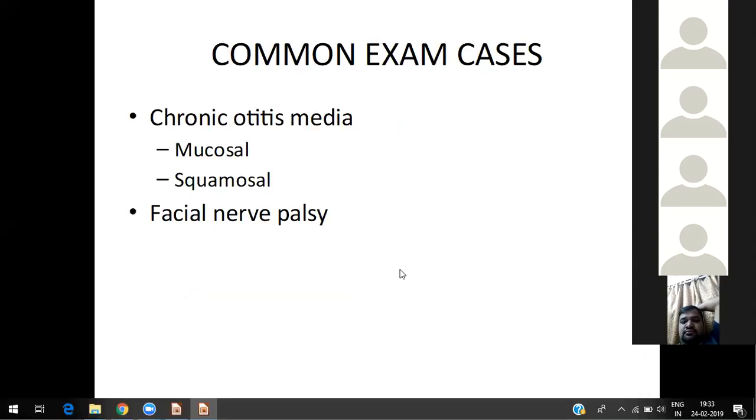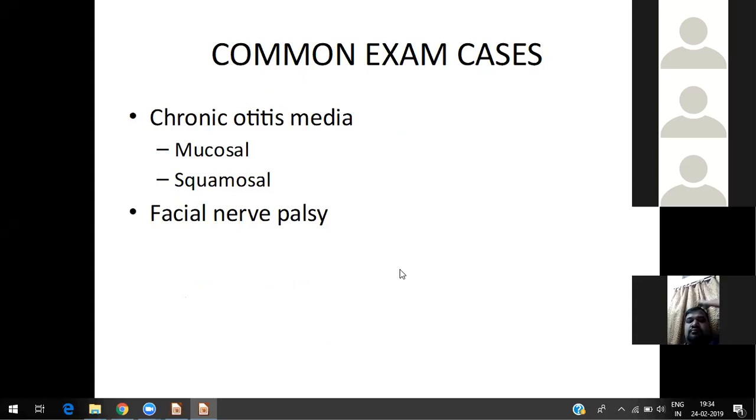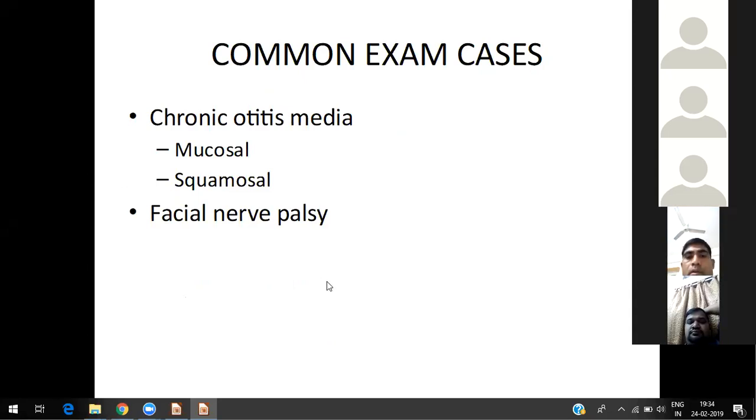So for that, first thing is, as I mentioned, chronic otitis media, mucosal variety and squamosal variety should be thoroughly understood. And secondly, few of the centers even keep facial nerve palsy as one of the short cases also. So better we know few topics related to these two, and we will start the class now.